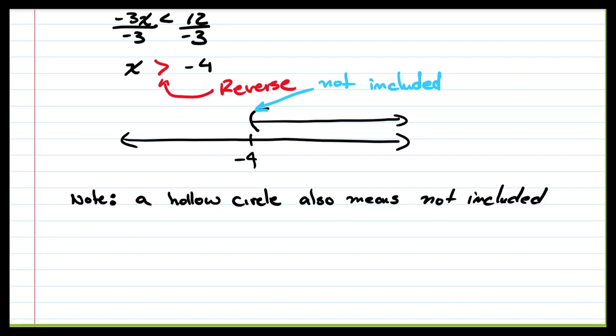So it would look something like this. So if we had a hollow circle and an arrow, or this, both of these are not included.